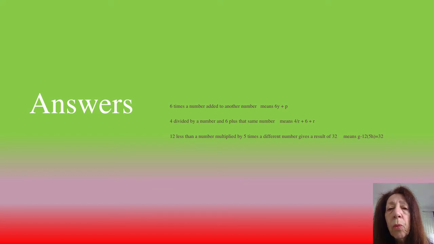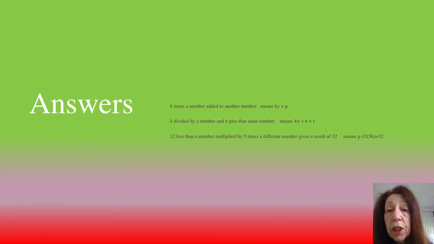This one is way more complicated. I didn't actually use the words parentheses or the quantity of, but it's helpful. 12 less than a number, I used g, multiplied by 5 times a different number gives the result of 32.